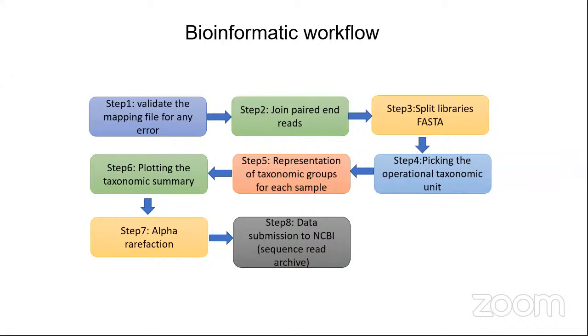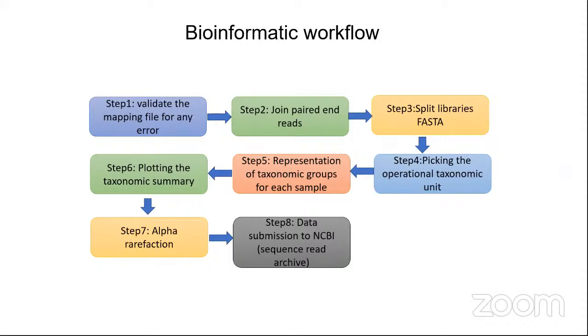I will briefly describe, if you have your 16S rRNA sequence data available, what the basic bioinformatic flow is. The first step is to validate the map for any errors, identifying the errors in your file.